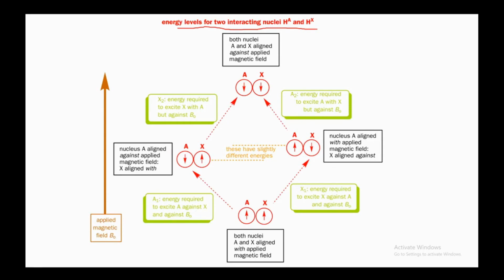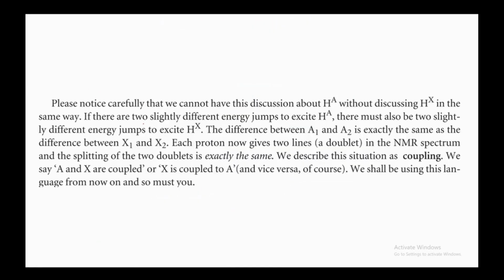This one is nucleus A aligned against the applied magnetic field, as you can see here, while X is aligned with the magnetic field. These have slightly different energies, and here nucleus A is aligned with the applied magnetic field again, and X is aligned against the magnetic field. So please notice carefully that we cannot have this discussion about HA without discussing HX in the same way.